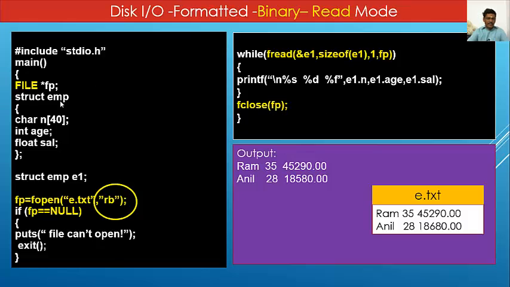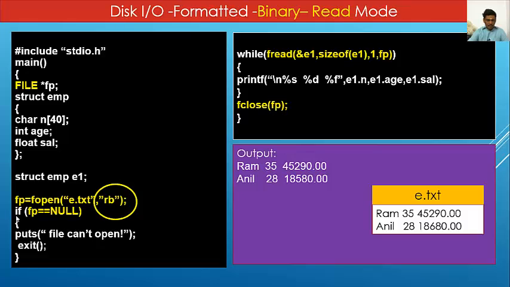That is FILE *fp, struct emp with character name. This is a structure definition. struct emp e1, where e1 is a structure variable. We open the file in rb mode because we want to read a binary file. In the previous program we used wb because we wanted to write. In this program we use rb because we want to read the different data values from e.txt, which is a binary file.